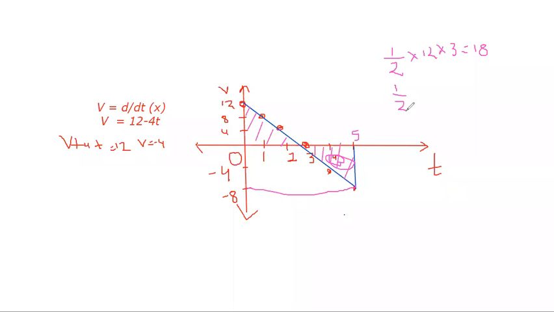Half into 2 into 8 is 8. So the total distance traveled by the particle is 18 plus 8, which is 26 centimeter. So the total distance traveled is 26 centimeter.